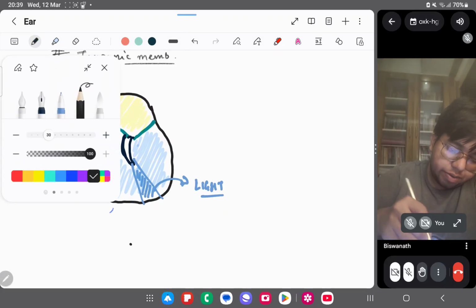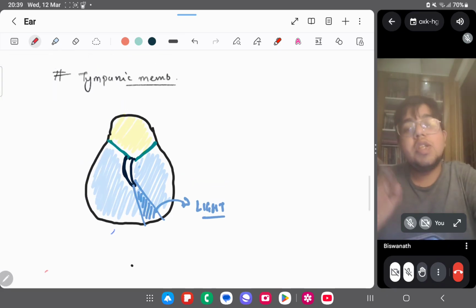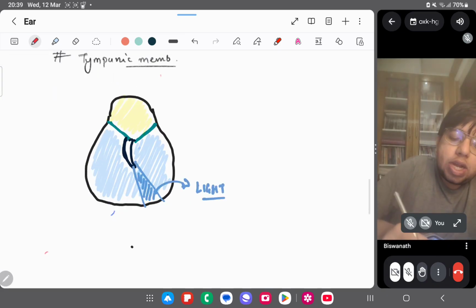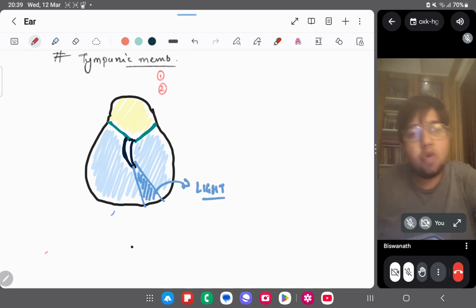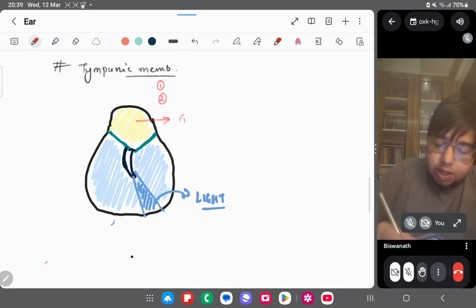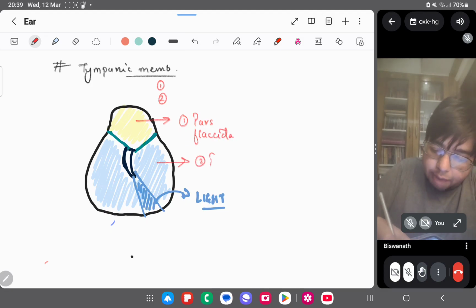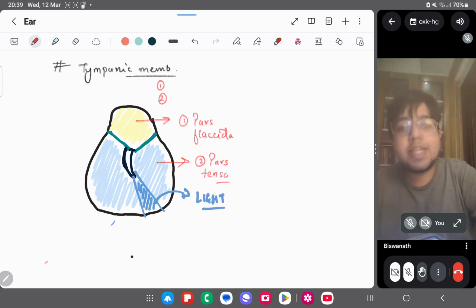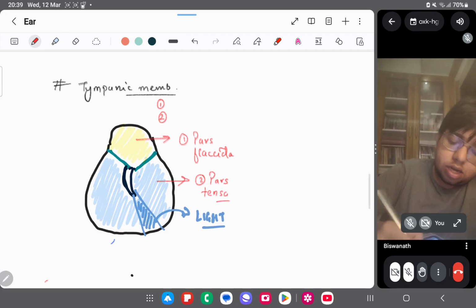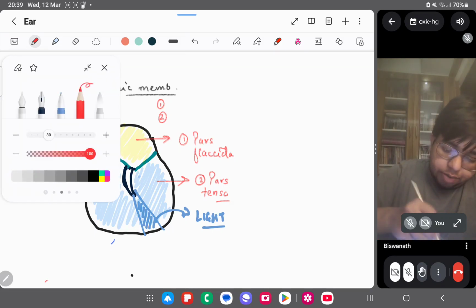Let me label it first. You're getting confused. So the tympanic membrane, just know that there are two parts, one and two. This part is called the pars flaccida. This part is called the pars tensa. Pars flaccida and pars tensa, right? And here this green part, let me write it in green.